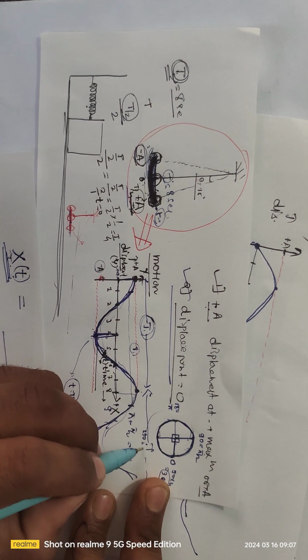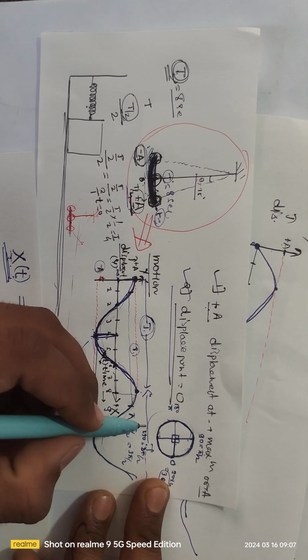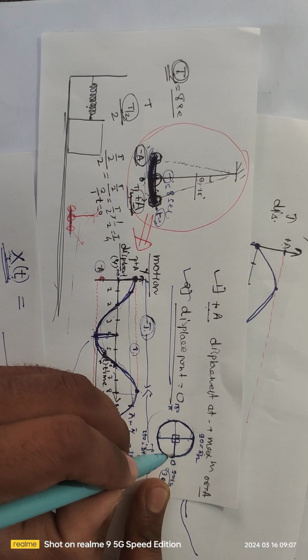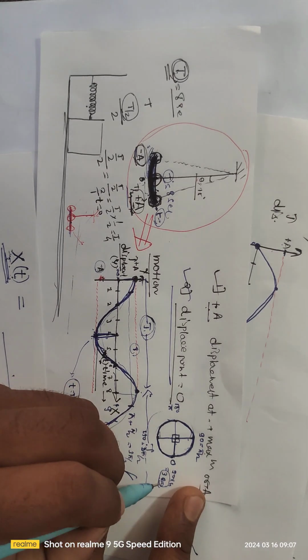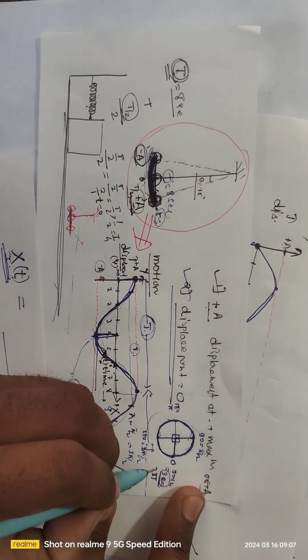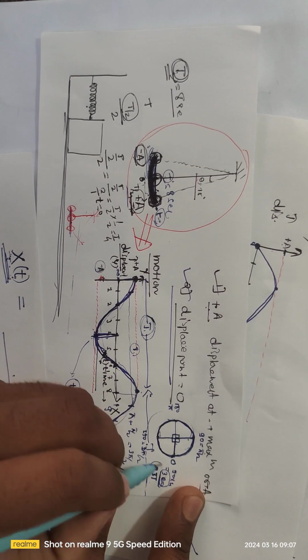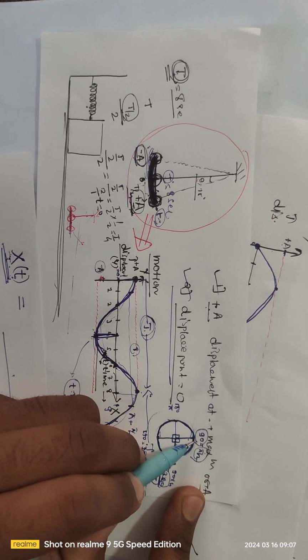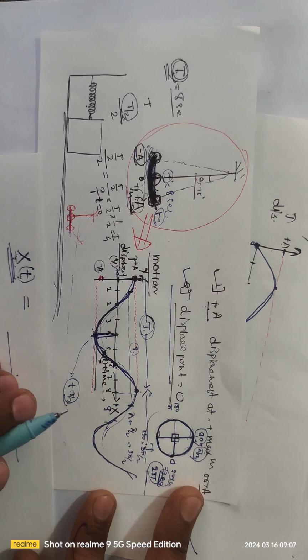So 270 degrees is 3 pi by 2, and the whole circle, 360 degrees, is 2 pi. That is in radians, and the other is in degrees.